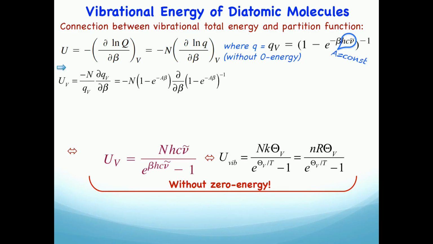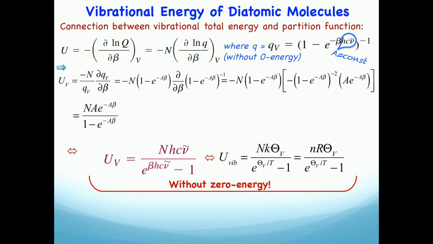derivative of 1 minus e to the power of constant times beta, with respect to beta, in the power of minus 1. The derivative would be minus 1 goes in front, right? And then we take a derivative of the exponent. This constant also goes in front with a negative sign, right? And the exponent stays in the power where it was. By the way, this power will also go to minus 2.